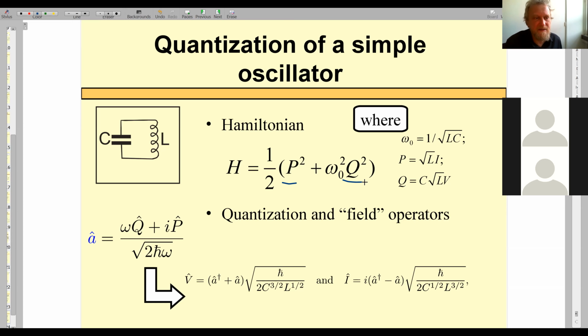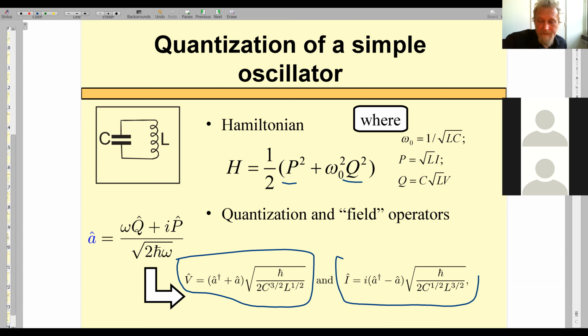I can now use it and eventually quantize the oscillator in question, deriving operators for the current and voltage through the oscillator.